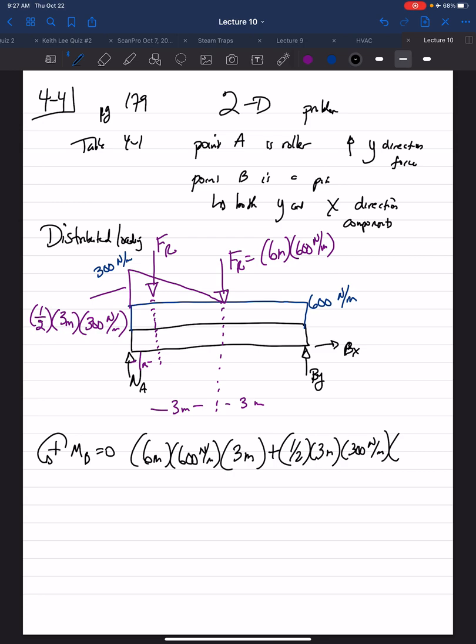And the perpendicular distance is the 3 meters plus the 2 meters to point B, so it's 5 meters. Then we have our unknown, the NA, which causes a clockwise rotation about point B, so it's negative. And the perpendicular distance here is 6 meters. Solve for NA: 2,175 newtons.